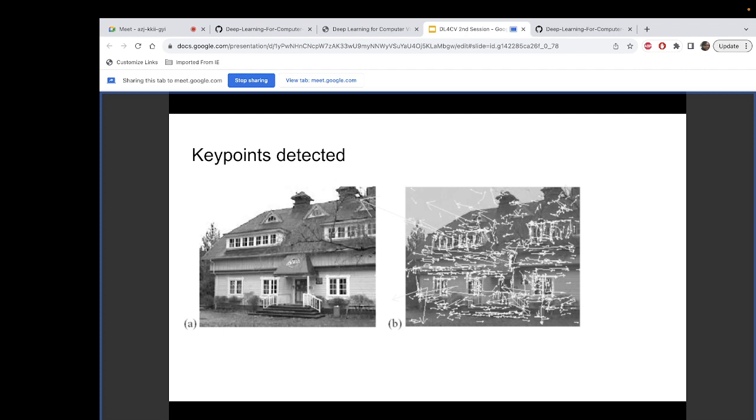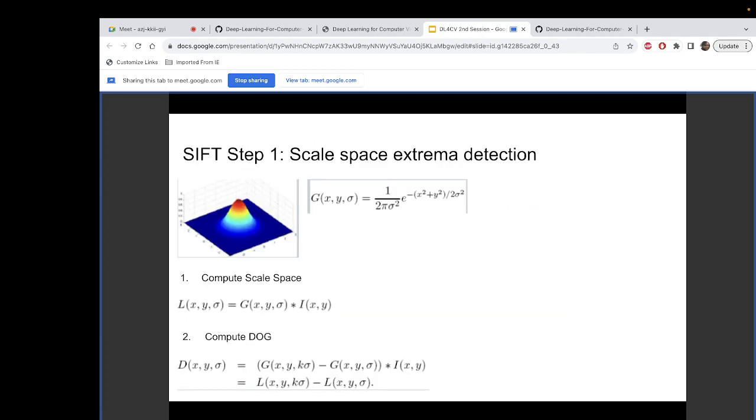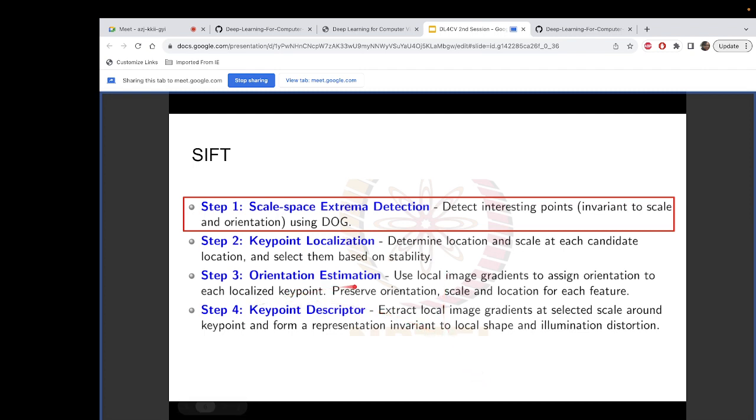Maybe they are a little bit wrong, so I'll place them correctly first, and then I'll eliminate some of the key points because they do not look as important. Similarly, we have the third and fourth steps also, which I am not going into now: the orientation estimation and the final key point descriptor, how you are getting that.